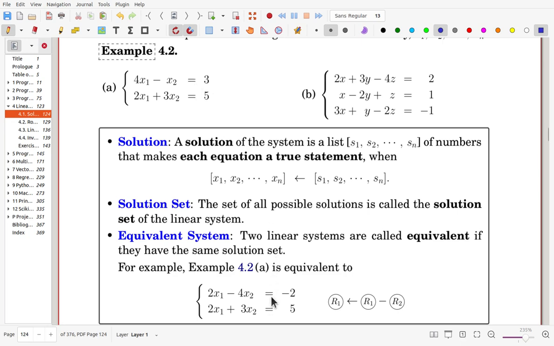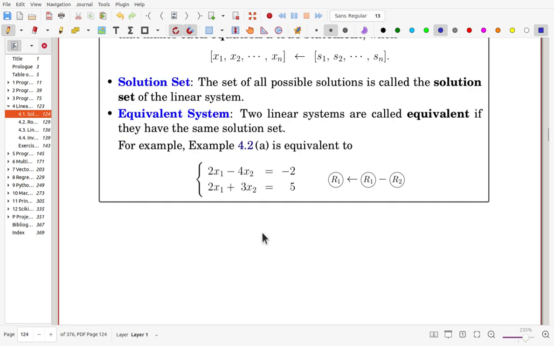So that is this equation, and this one is the same as earlier. These two systems will have the same solution, so we say these two linear systems are equivalent.